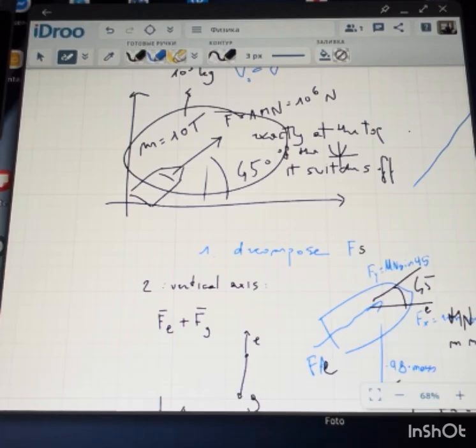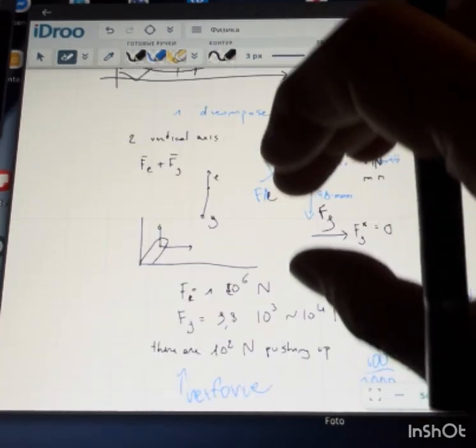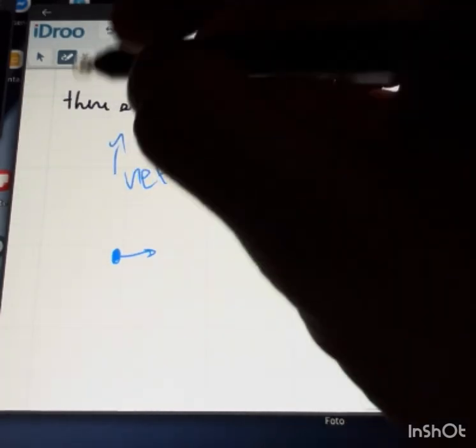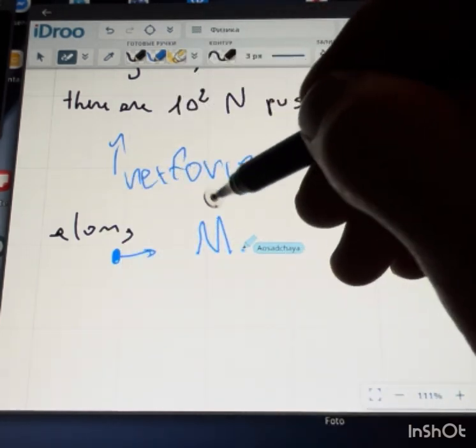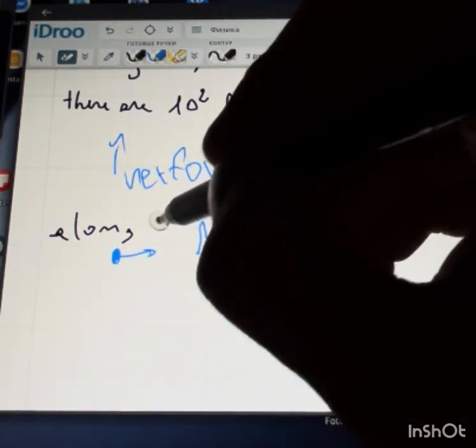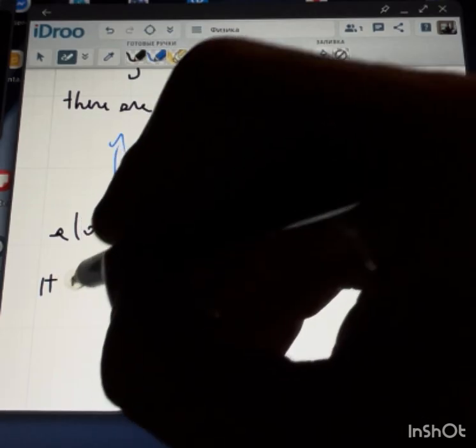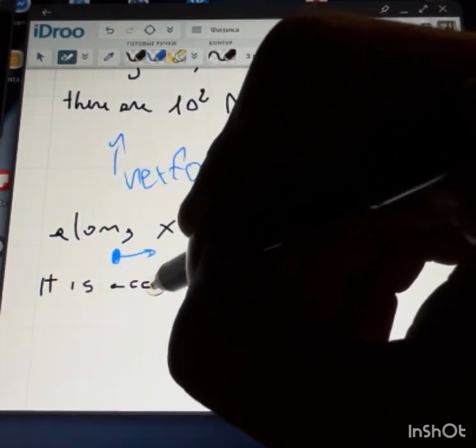So now let's quickly write an equation. We know that time is 10, and we know that the force of this is mn. Along x, it is accelerating.